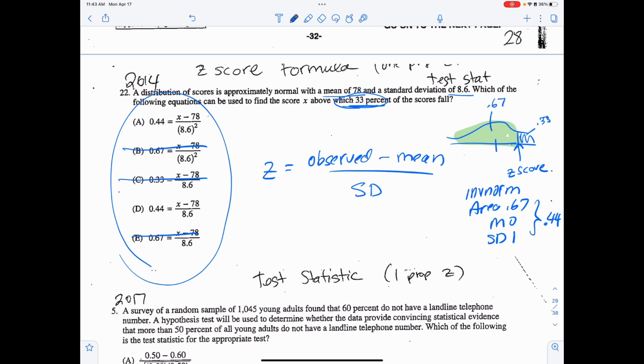You can even look at this, and obviously it can't be this top one because that's definitely not a z-score formula, so it has to be this one. And 0.44 lies right here, and this area is 33%.